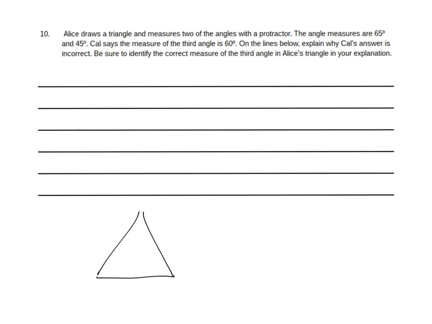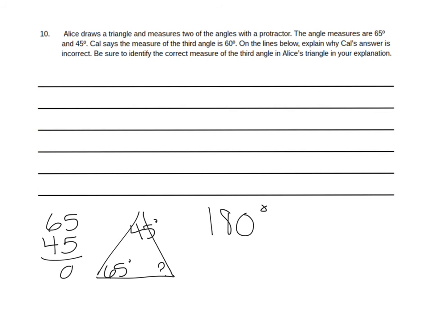We know that a triangle has 3 angles, okay? We also know that all of those angles add up to 180 degrees. So if Alice's triangle measures 65 degrees, one angle, and 45 degrees, another angle, we can figure out the third angle by adding those 2 angles together and subtracting them from 180. So 65 plus 45 is 110.